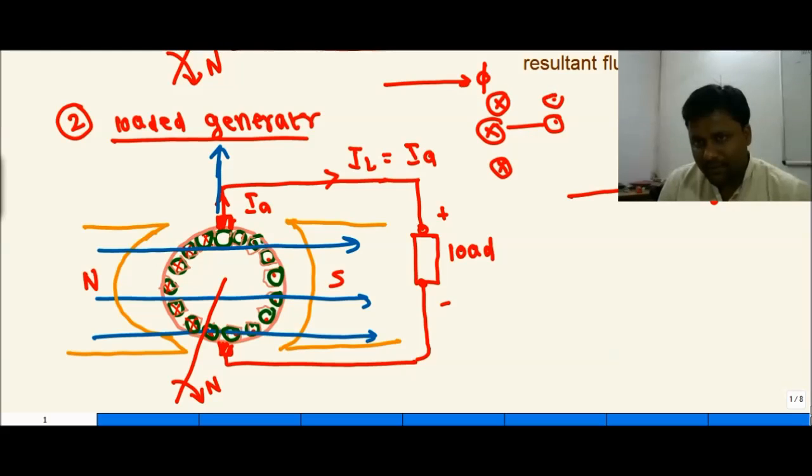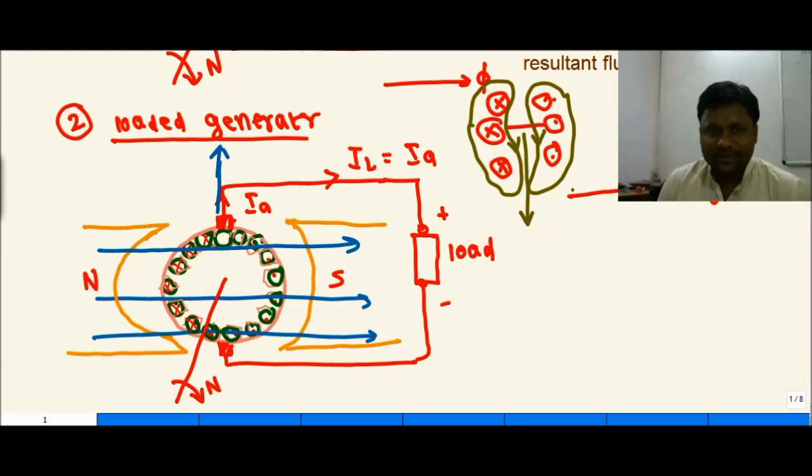This one has a clockwise flux, and this one has an anti-clockwise flux. So the resultant flux is going to be like this. When the load is connected, the rotor is rotating in a constant magnetic field, there will be induced EMF, and there will be a current, which is cross and dot like this. So the resultant flux is like this fashion for the armature reaction.